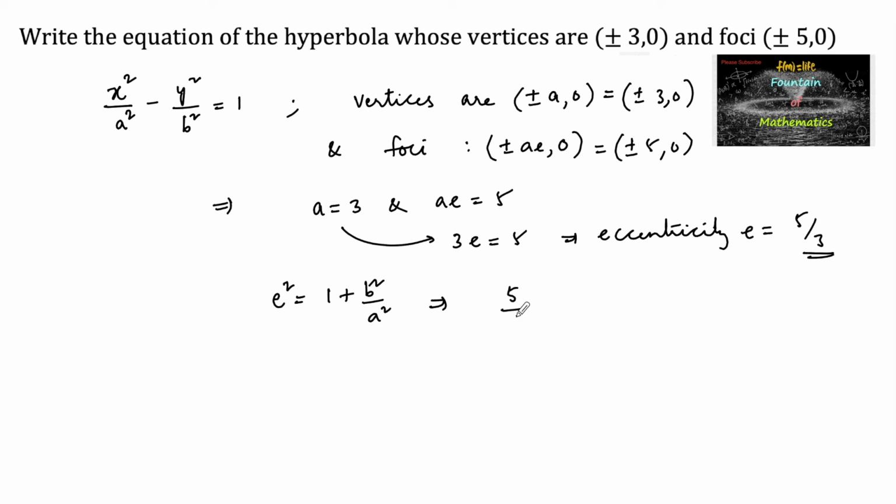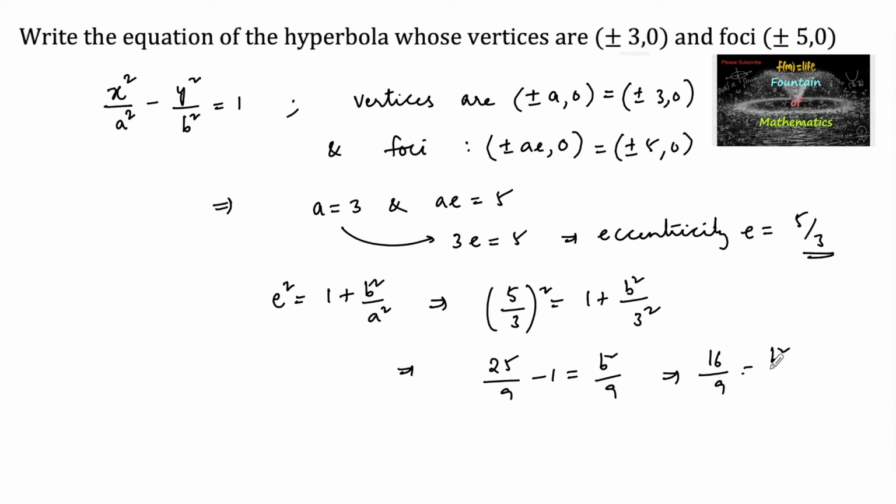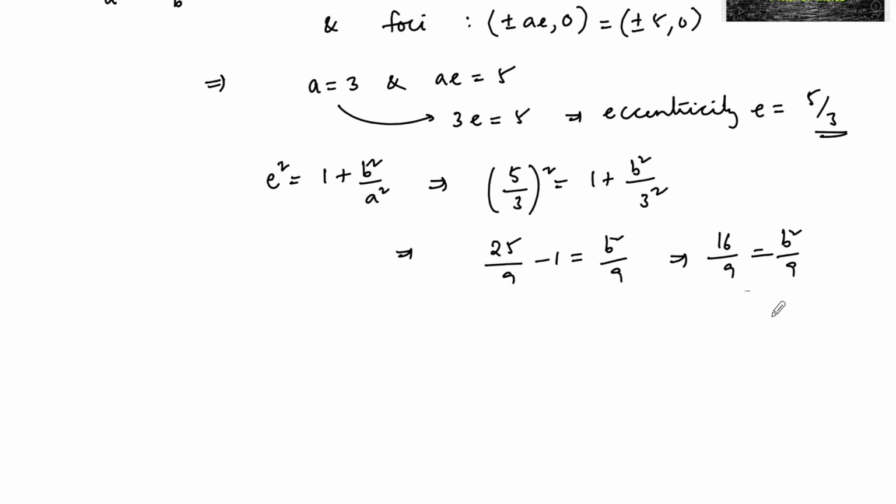So 5 by 3 whole square is equal to 1 plus b square upon 3 square. We can write 25 by 9 minus 1 is equal to b square by 9. We can write 25 minus 9, that is 16 upon 9 is equal to b square upon 9, which implies that b square is equal to 16.